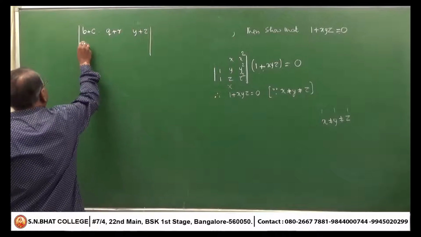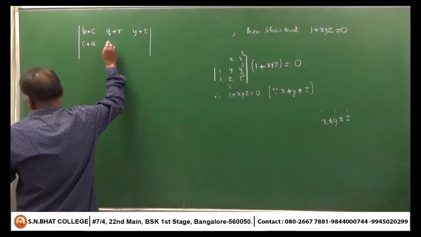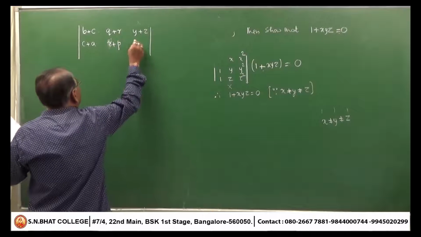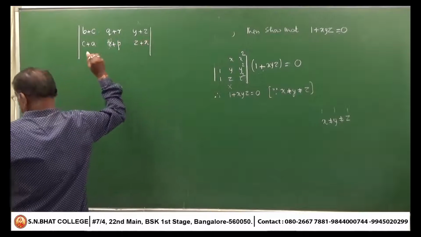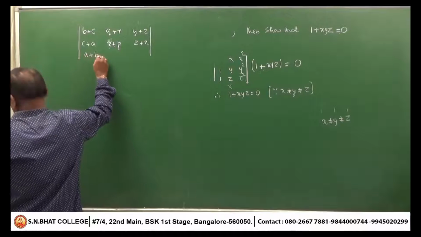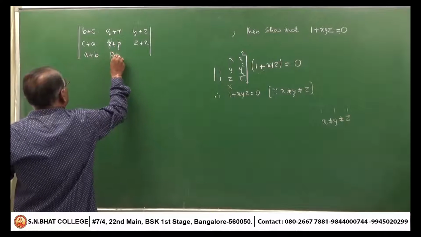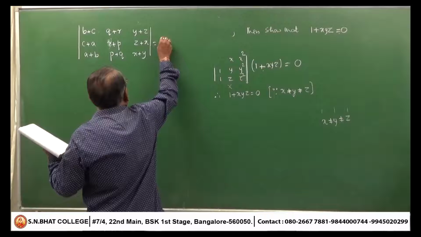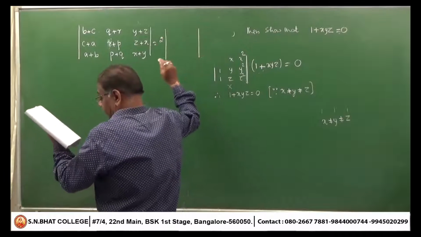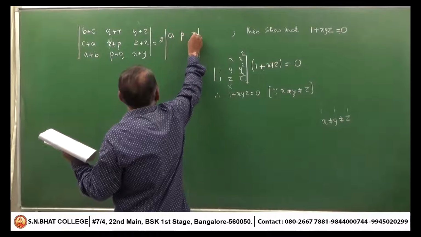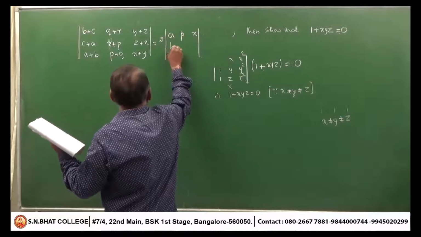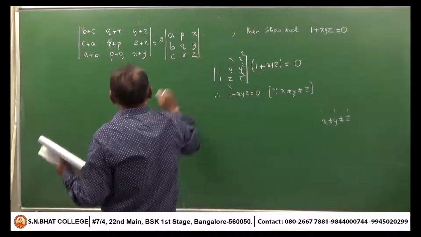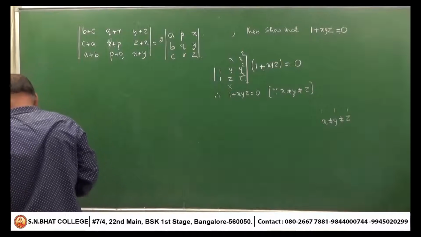Second row is c plus a, r plus p, z plus x. Third row a plus b, p plus q, x plus y, is equal to 2 times the determinant of a, p, x; b, q, y; c, r, z. Prove that this determinant is 2 times.